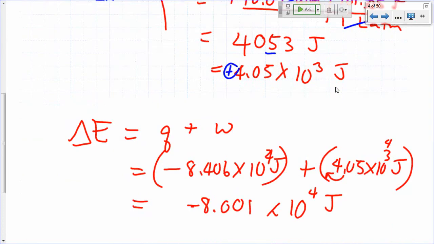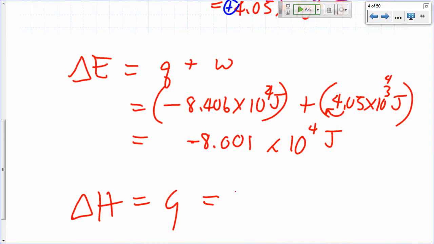So delta H is equal to Q, which is going to be negative 8.406 times 10 to the fourth joules. This type of question is probably one of the easiest ones you'll see on the test. It's really simple. Constant pressure, Q is equal to delta H.